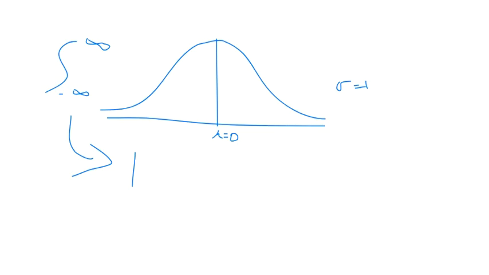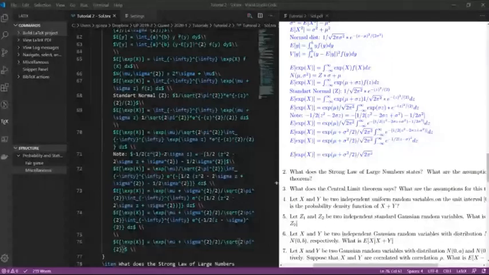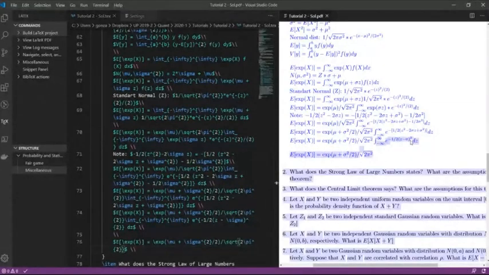So if we go back over here, then we know that this looks eerily similar to a standard normal distribution, because we saw that a standard normal distribution is like this.